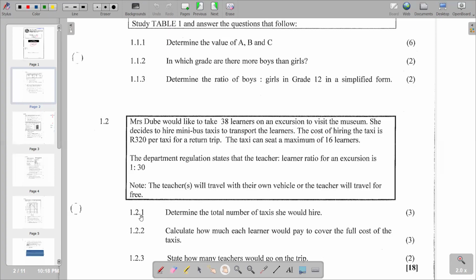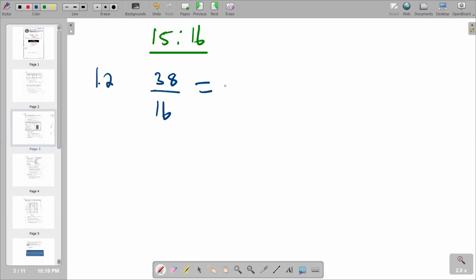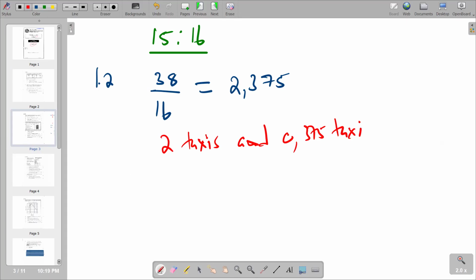So I believe that we have the questions, 1.2.1, which is determine the total number of taxis she would hire. Given the information that we are given, each taxi carrying 16, we are saying 38 divided by 16, and we can now see the number of taxis needed. When we divide there, you'll see that 2 taxis are needed, with a remainder of 6 over 16.